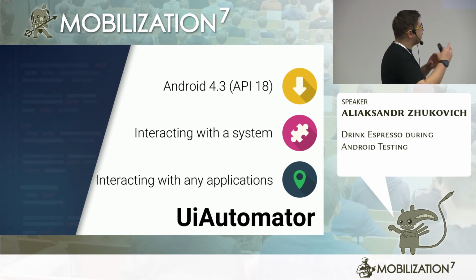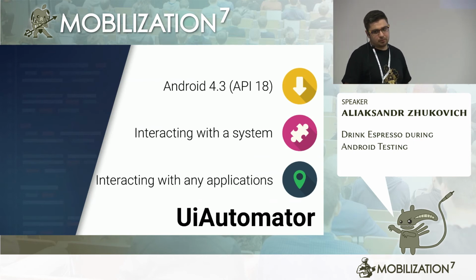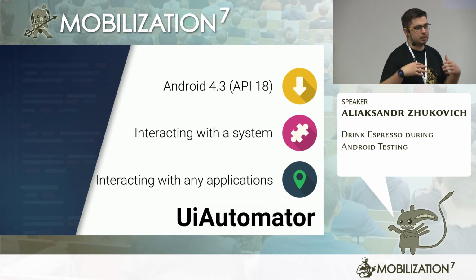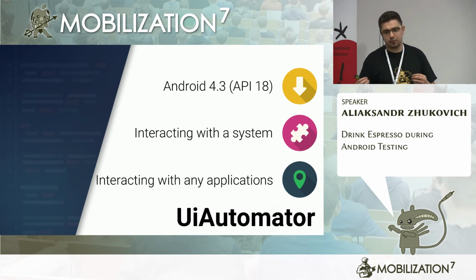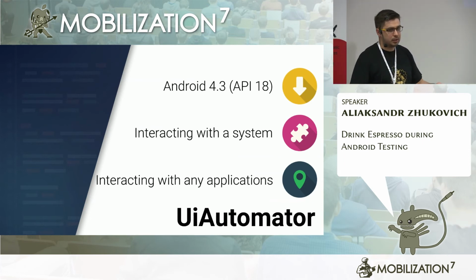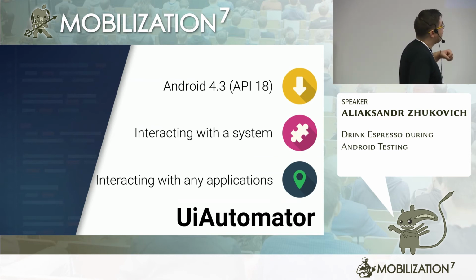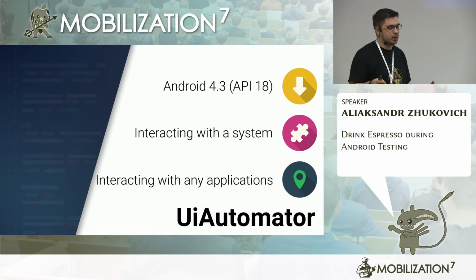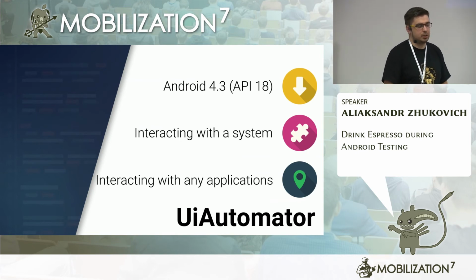But this framework has really cool things: it means that we can interact with any application in the system. Sometimes you would like to test something and get some intent from a different application, and you create a browser, and you would like to check that if you click on some link, this page will be displayed in your browser. And it's impossible to test with Espresso, because with Espresso we can interact just inside our application, and that's all.